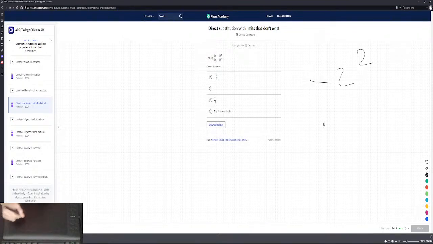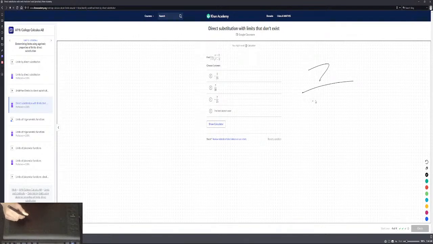Minus 2 squared, 4. 0 squared, 0. It does not exist because you're dividing a non-zero number by 0. 7 over 20.